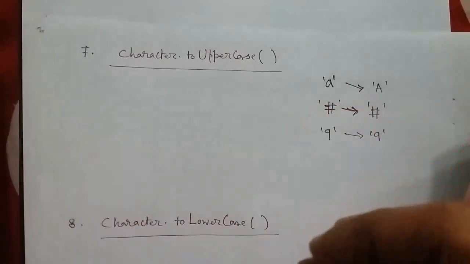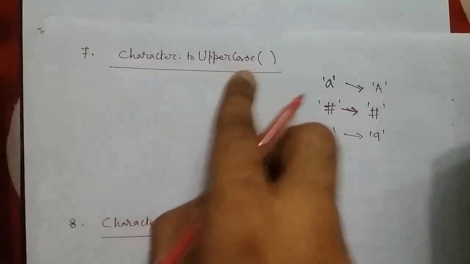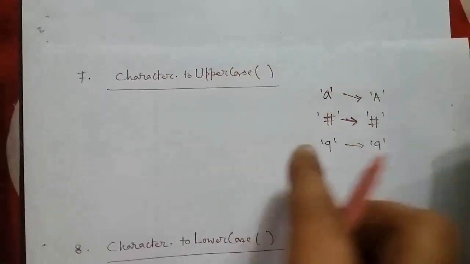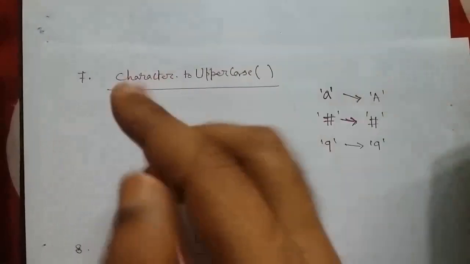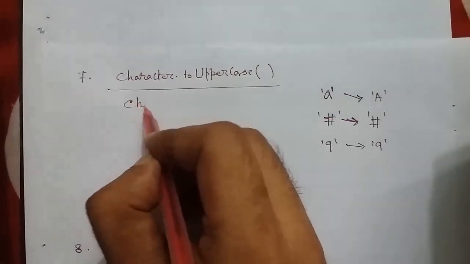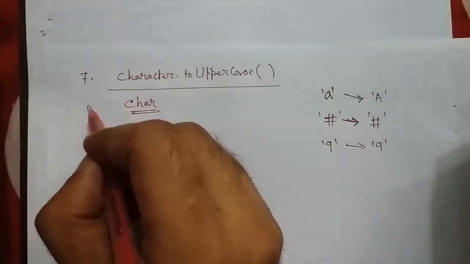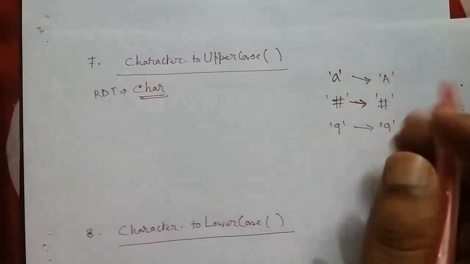The case is applicable only for alphabets. So this is Character.toUpperCase. The return data type here is not boolean because it is converting one case to another case. That's why it is returning a character. So the return data type is char. The purpose I already told.